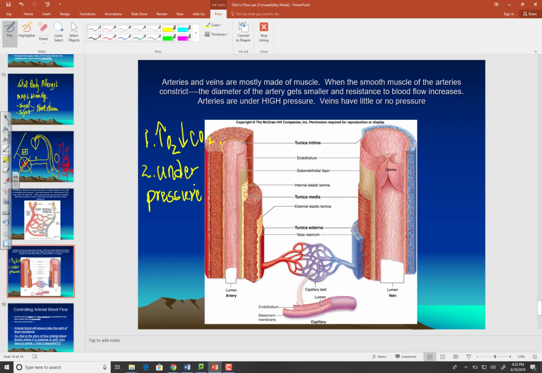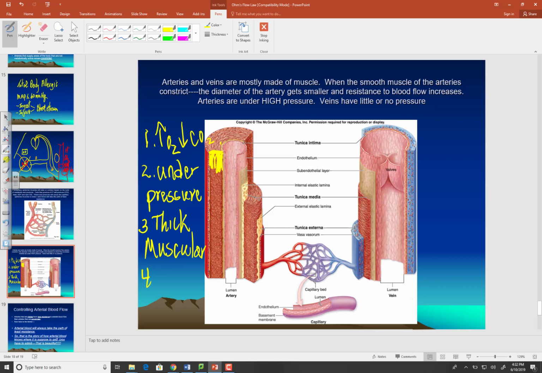More on that later. Because they're under pressure, look at the thickness of the muscular wall. So they have a thick muscular wall. Why? Because they're under pressure, and that makes sense.